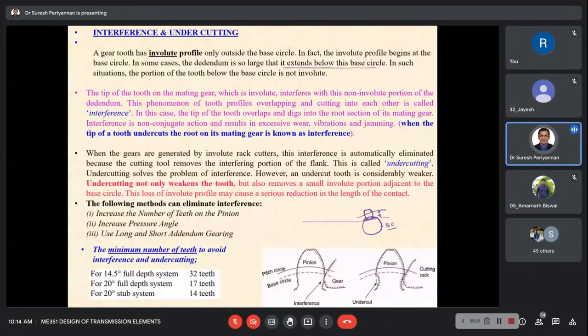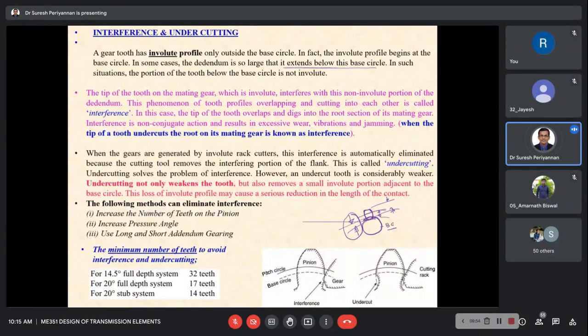Now, in such a situation, the portion of the tooth below the base circle is not involute. Whichever portion of the tooth is sitting below the base circle is not involute. In any gear design, the tooth profile above the base circle is the involute curve. This is below the base circle, it's not involute.